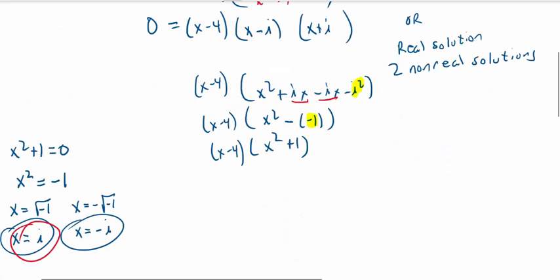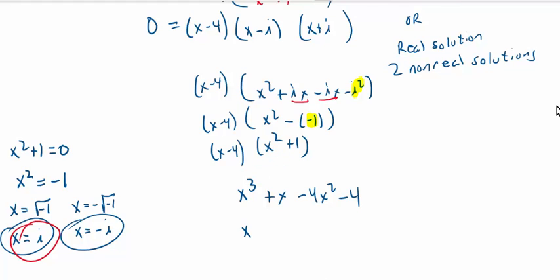And if you let me multiply these two factors now, you'd get that x times x squared is x cubed. You get that x times 1 would be just plus x. You'd get negative 4 times x squared, which is minus 4x squared. And finally, negative 4 times 1 is minus 4. Putting this in descending order, you get x cubed minus 4x squared plus x minus 4.